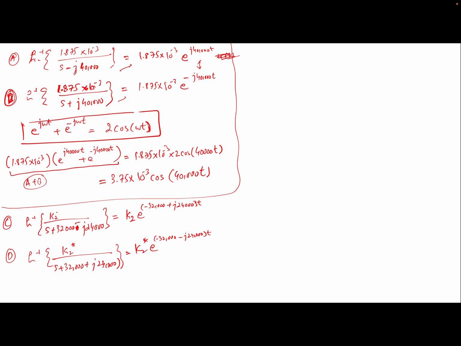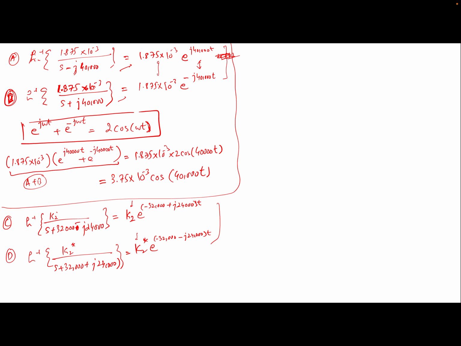The difference between these two expressions and the earlier two is that in A and B, they were multiplied by just real numbers, and over here they are multiplied by the complex conjugates K2 and K2 prime. So we have to solve them, and I'm going to use another identity before writing down the final expressions.